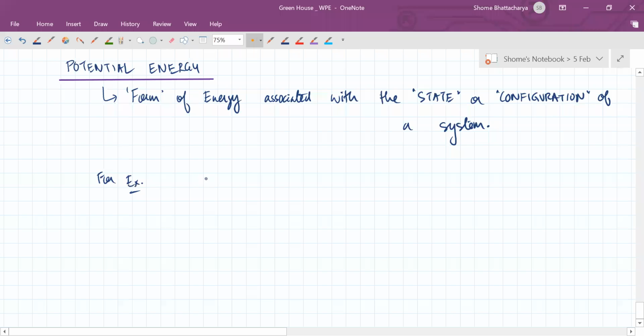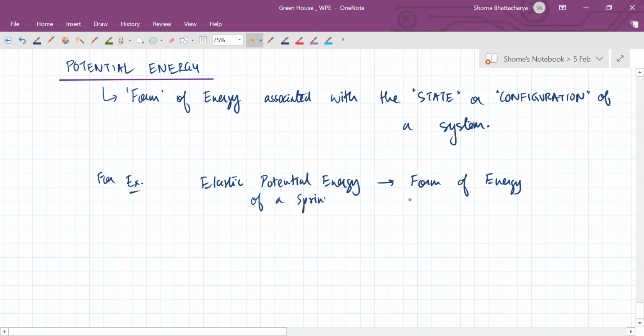For example, the elastic potential energy. It is a form of energy stored in a spring. Or it can even be a rubber band, or any elastic material.